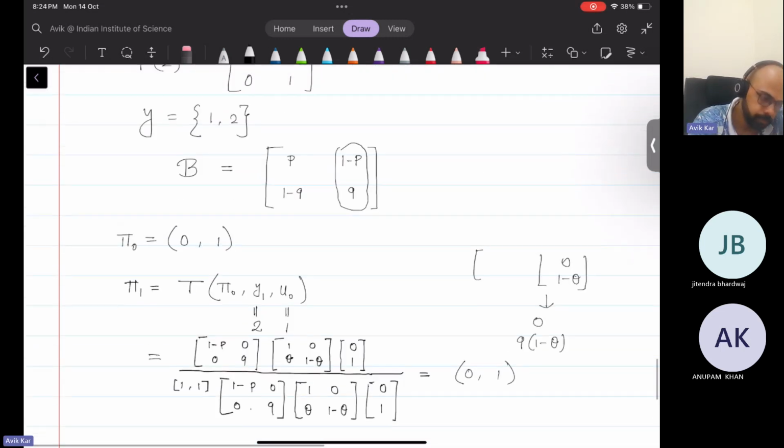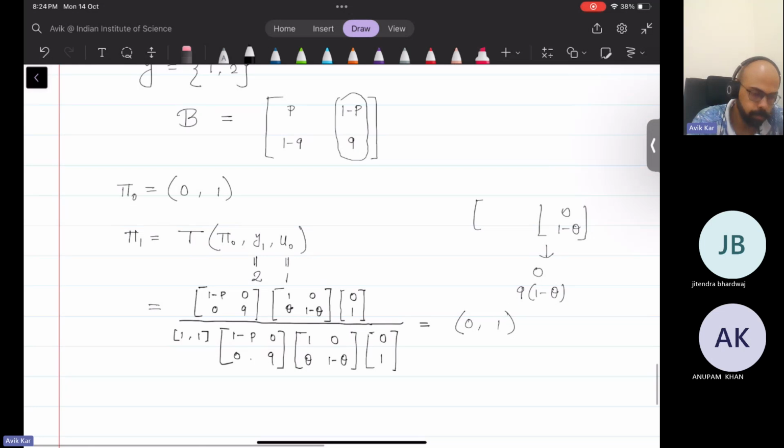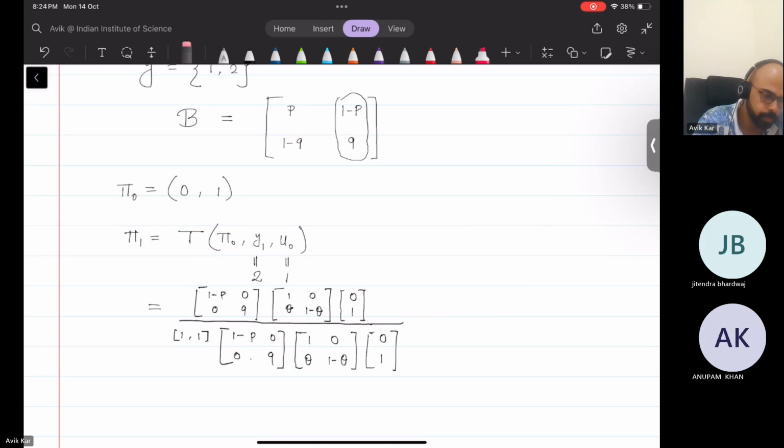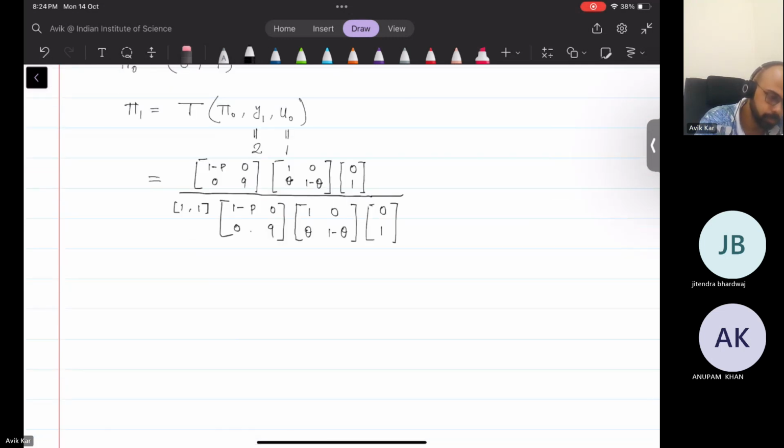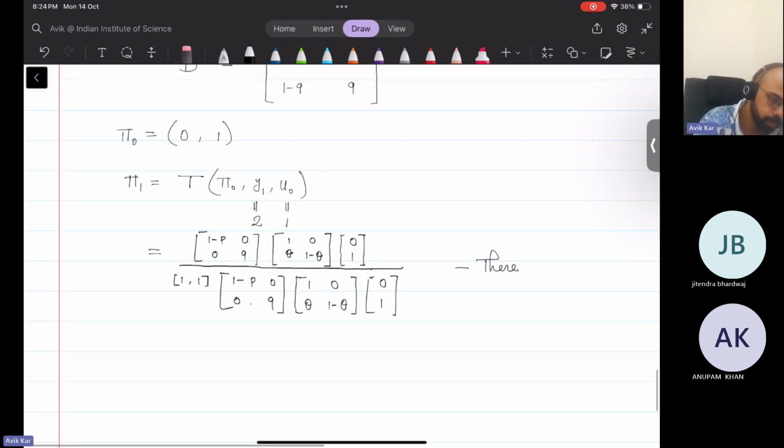Okay, there might be some mistake. I'm not going to debug it, but there is some problem. But the formula is correct. I think I have made some mistake in writing these values.